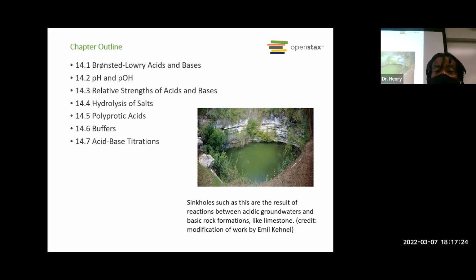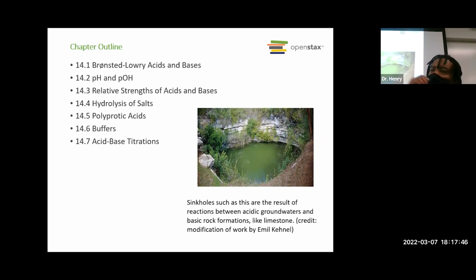Hydrolysis of salts, which is basically the separation of ionic compounds. If we think about it, acids and bases are just ionic compounds where you have hydrogen as your major ion, the hydrogen ion, or the hydronium ion. And then polyprotic acids.